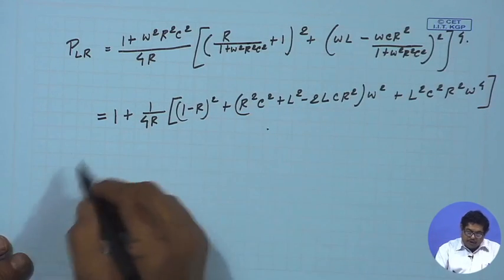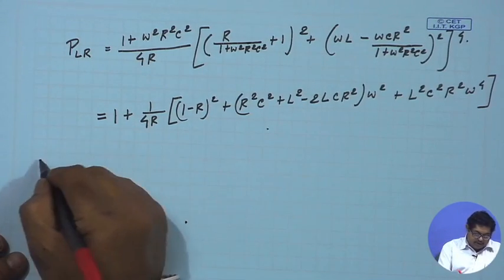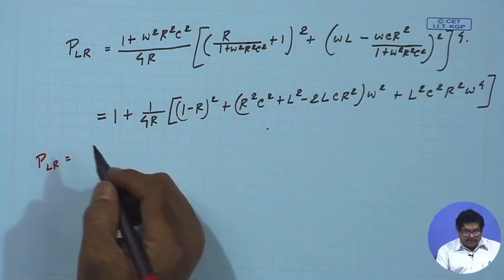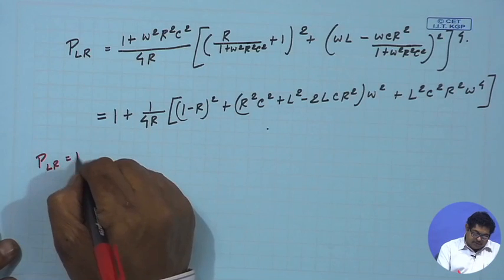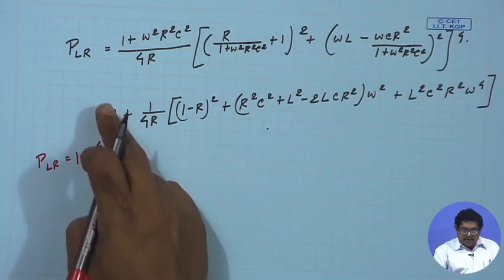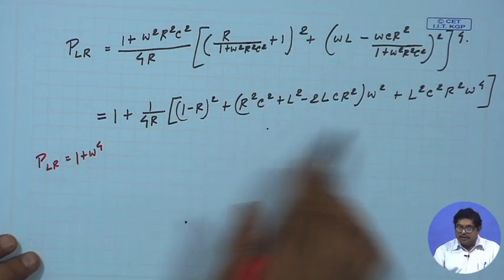You compare this with our specified PLR, which is 1 plus omega 4th. This is Butterworth, and this is the thing I got.